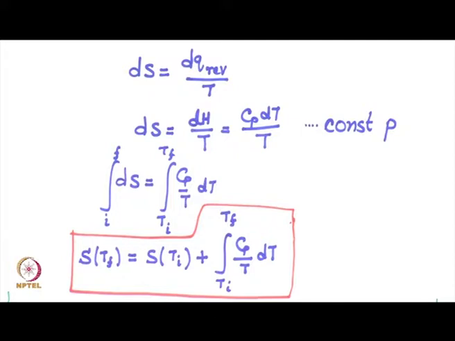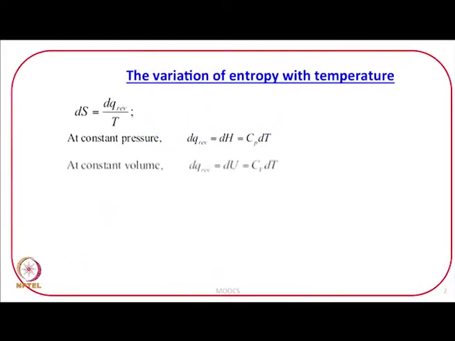Now, let us go back to the slides. If we talk about constant volume, then in place of dq reversible I will use dU, because at constant volume dq is equal to dU and dU is equal to Cv dT.